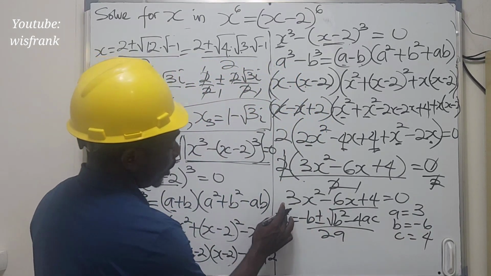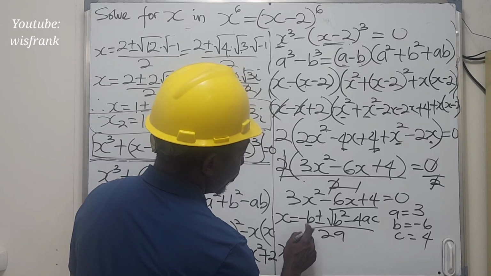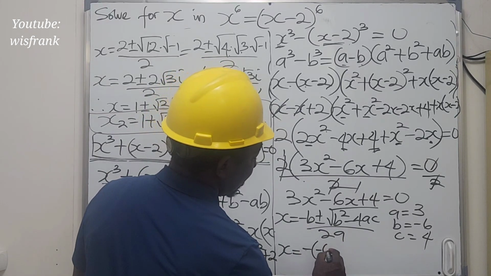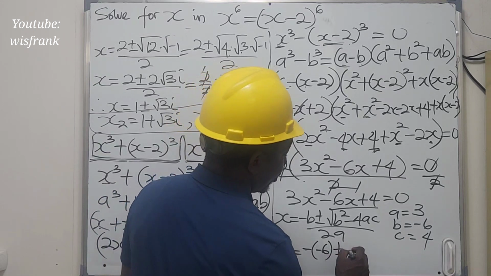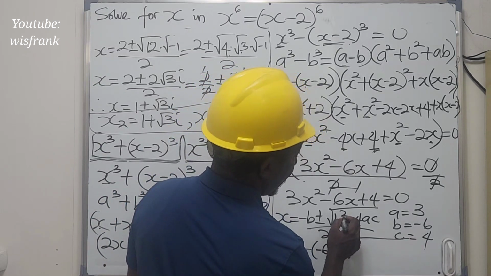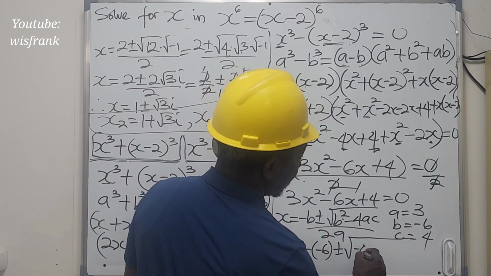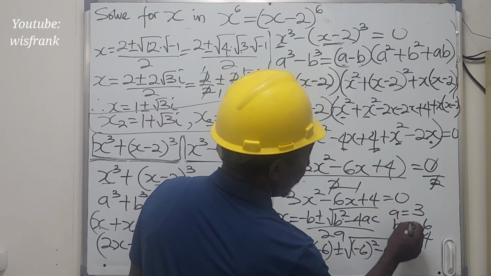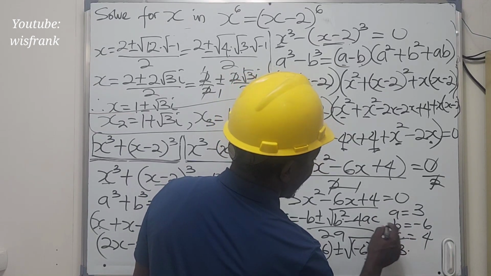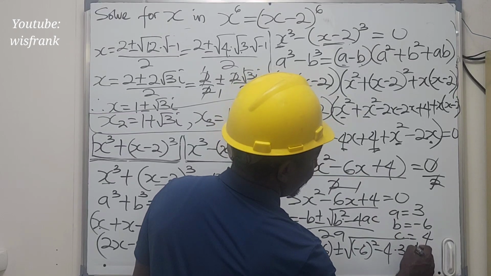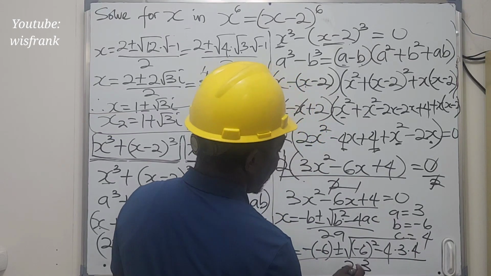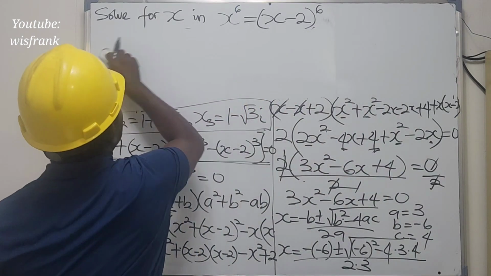Substituting that into this expression, we have x equals to minus b, which is into minus 6. Then plus or minus, we have square root of b squared, which is minus 6 squared minus 4a. Our a is 3 times our c, which is 4, all over 2 times a, which is 3. So we move over to this other side by cleaning this.